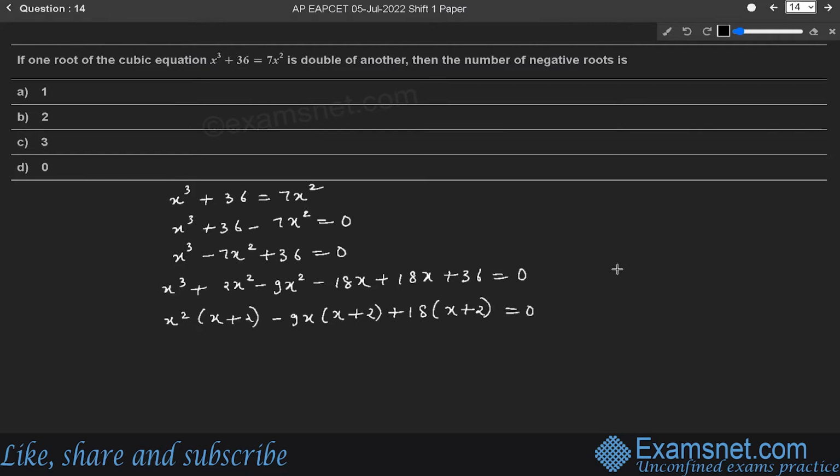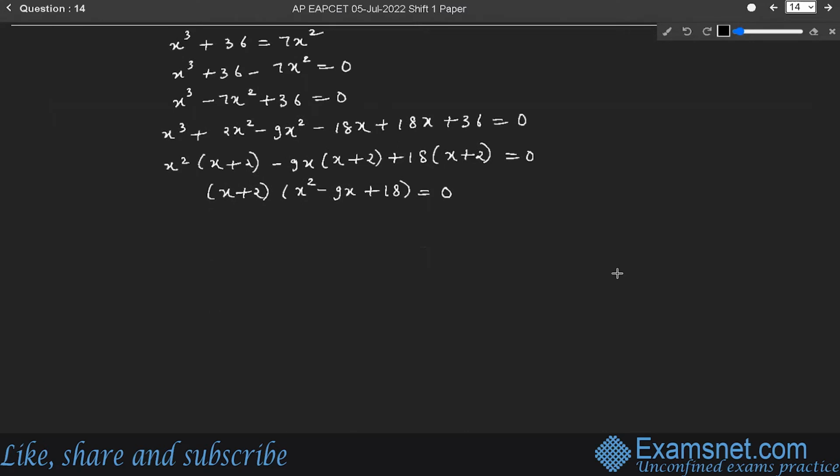It is equal to 0. x plus 2 is common and the remaining terms are x square minus 9x plus 18 is equal to 0. Again, rewriting the expression, it can be written as x plus 2 into x square minus 3x minus 6x plus 18 is equal to 0.